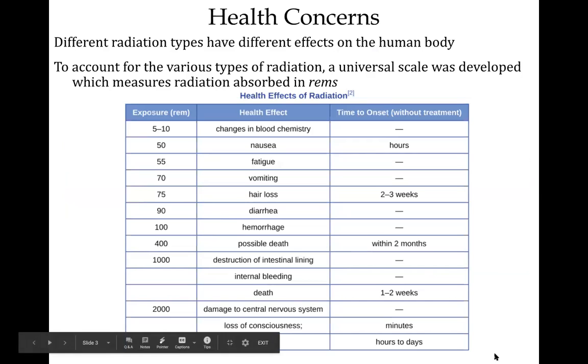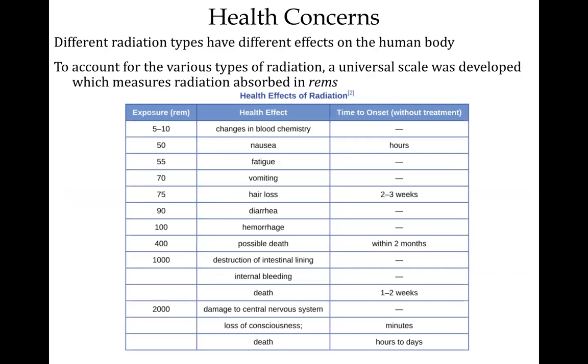So radiation comes in different forms, right? Different frequencies. And so it's going to have different effects on the human body. But with that in mind, what we've done is that we've developed this universal system to account for all the different types of radiation and to assign a given amount of radiation to an overall effect in the body.